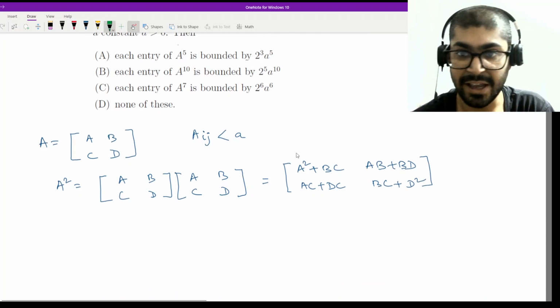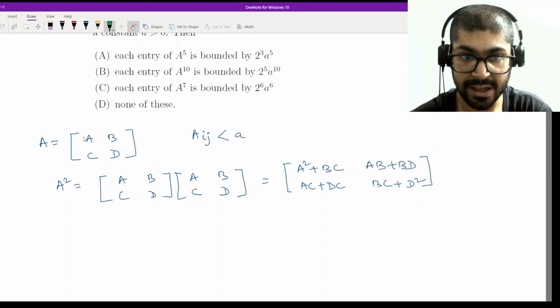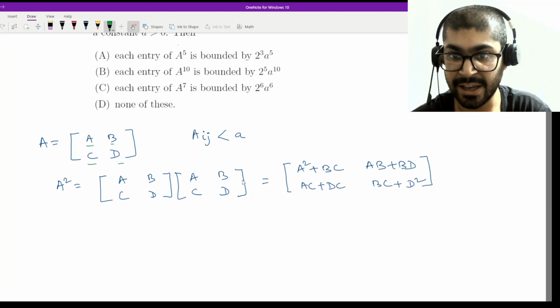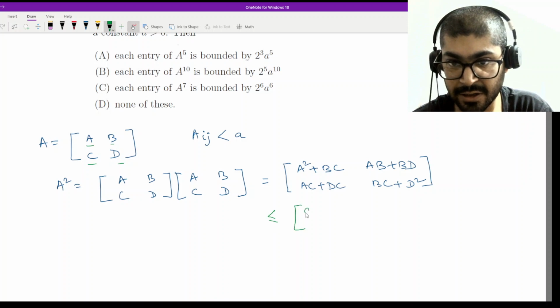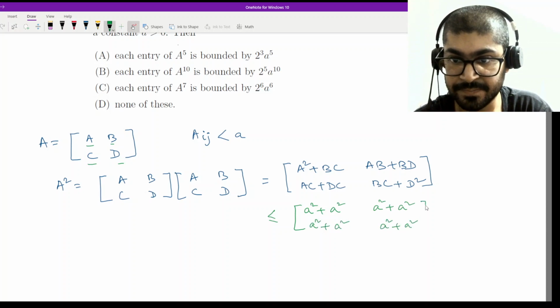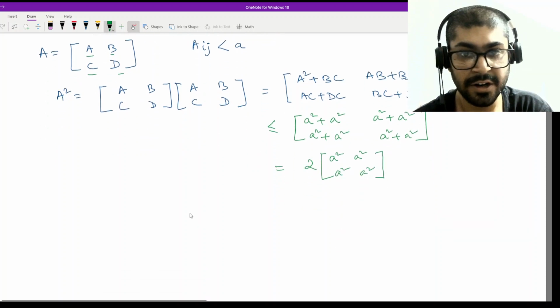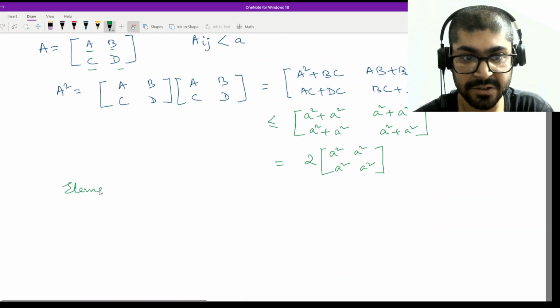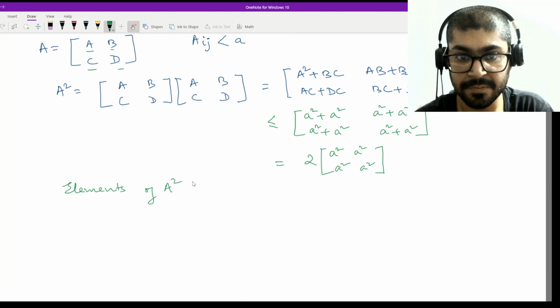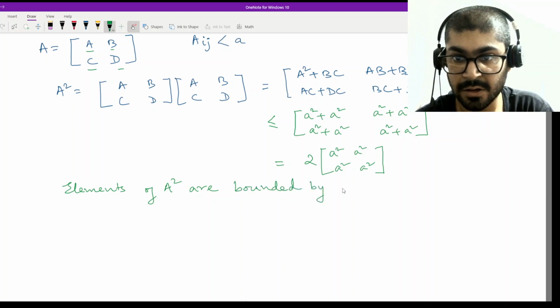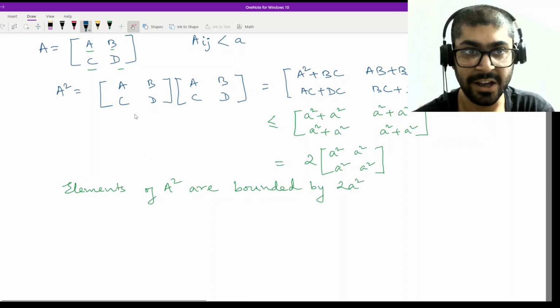Each one of these elements was less than small a, so each entry is less than a squared plus a squared, which is equal to twice a squared. So the elements of A squared are bounded by 2a squared.